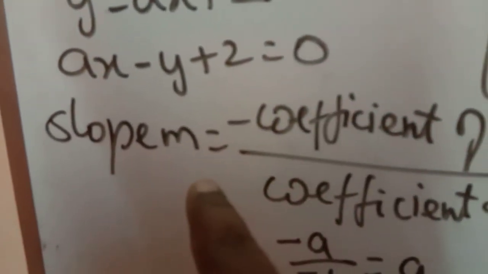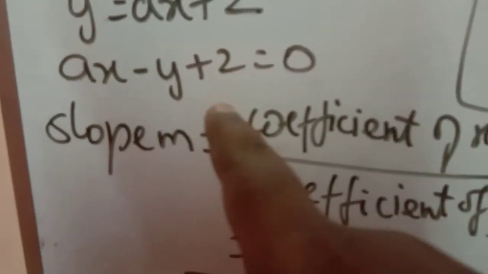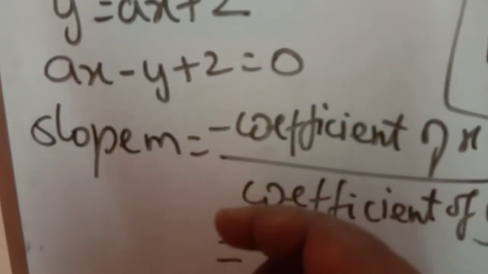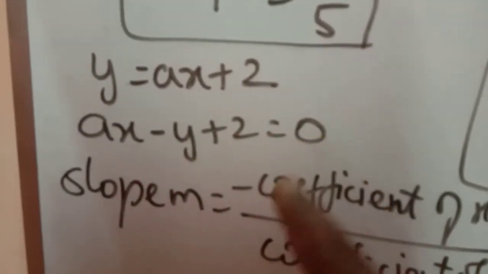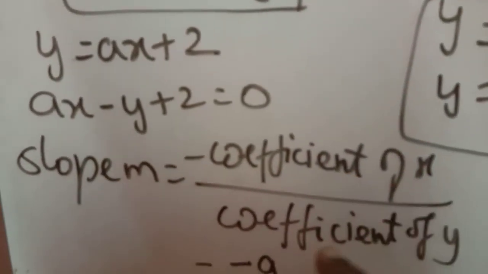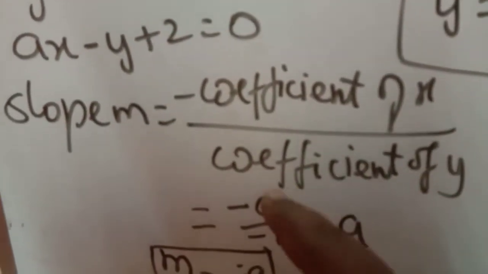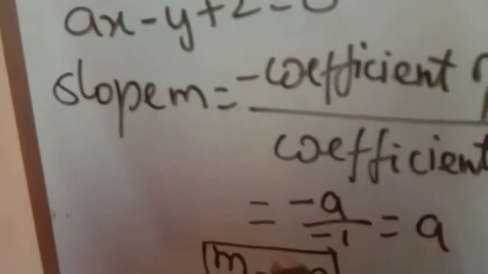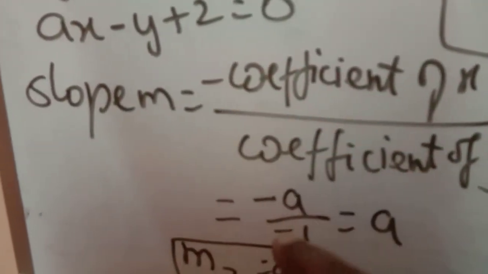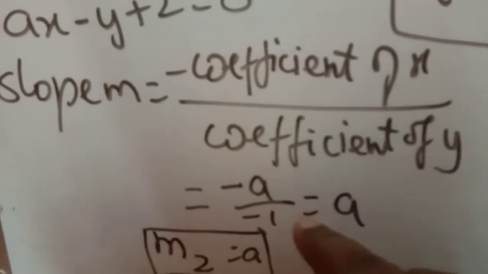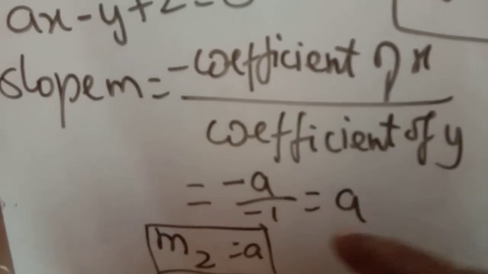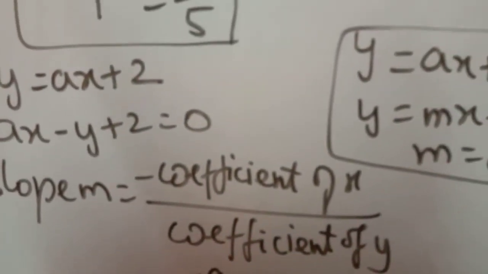Slope m is equal to, if theta is given, tan theta formula; if 2 points are given, y2 minus y1 by x2 minus x1; and if equation is given, minus coefficient of x by coefficient of y. So minus coefficient of x, a, by coefficient of y, minus 1. This minus is there in the formula. So it is equal to a. So m2 is equal to a.